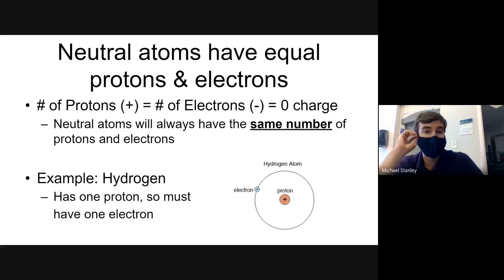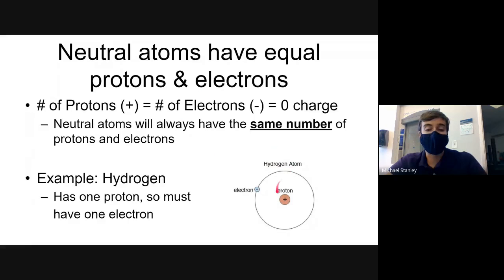There are cases where you can have more or fewer electrons, which would give your atom a negative or a positive charge. We're not going to worry about that in this class. We're just going to focus on neutral atoms, and neutral atoms always have an equal number of protons and electrons. So the proton and the electron number should be the same.